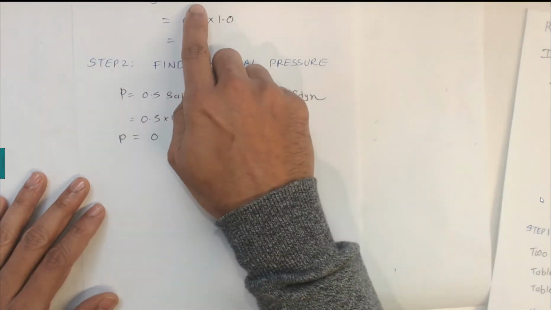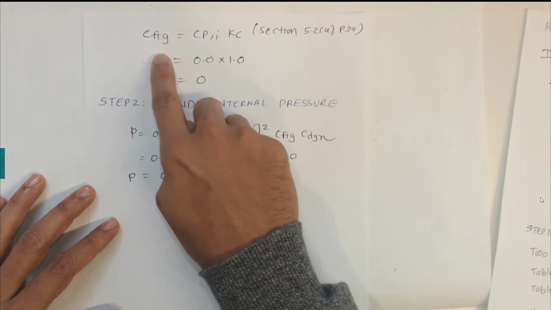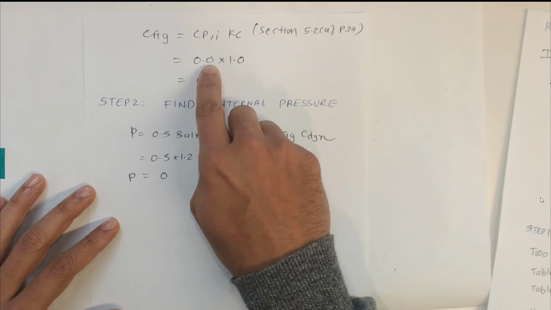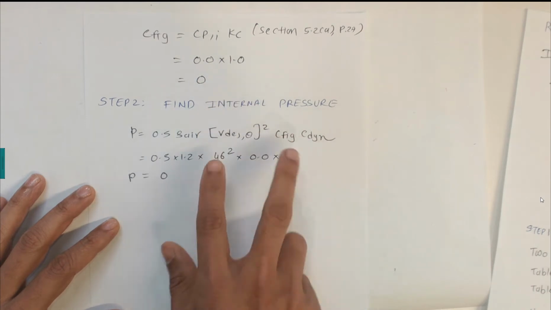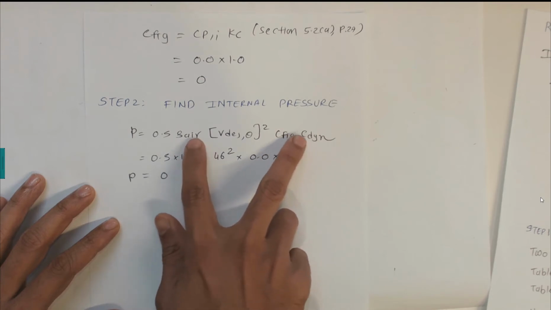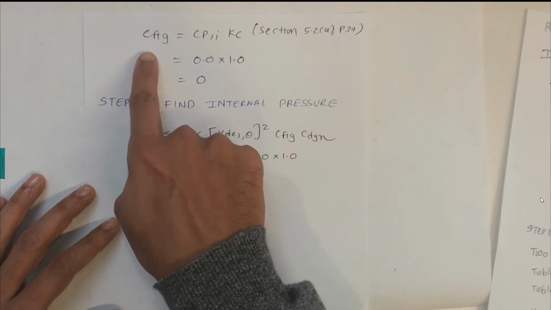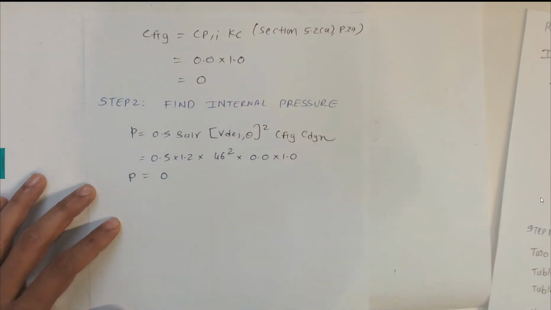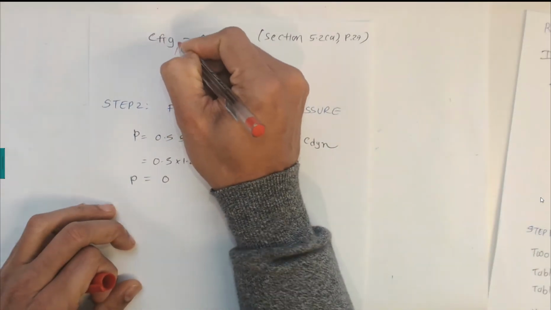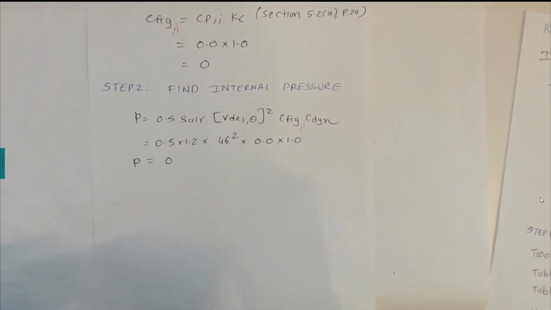Once you find the C_pi, we can find the aerodynamic shape factor by substituting the value 0 and K_ci, so that is 0. We use this to calculate the design wind pressure. Substituting all the values, C_fig,i is equal to 0, so the internal pressure is 0.